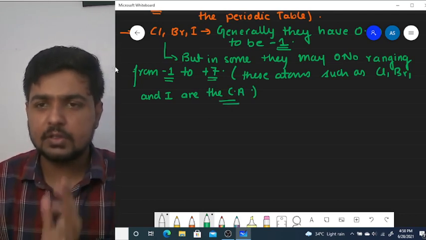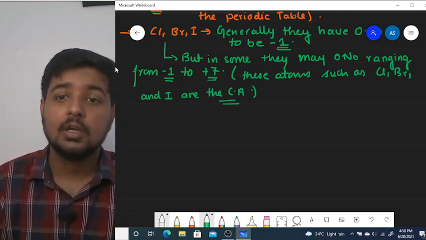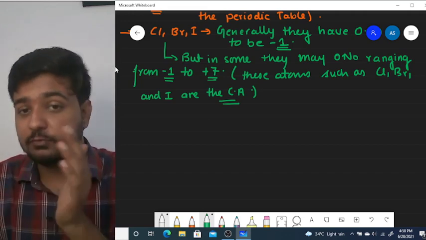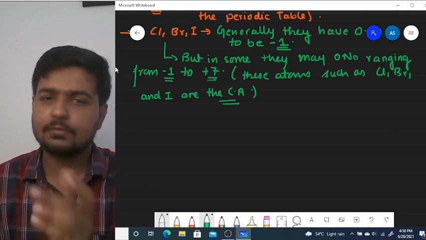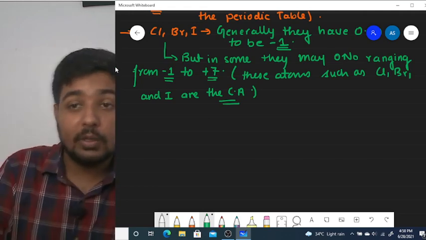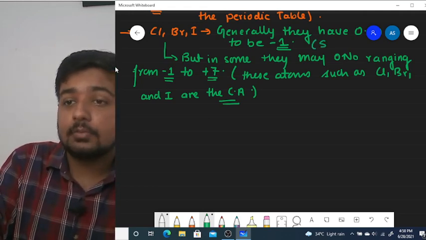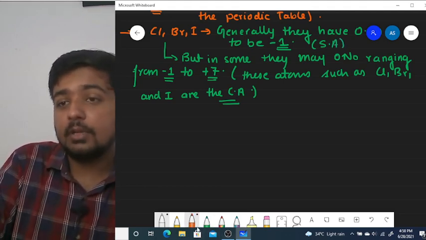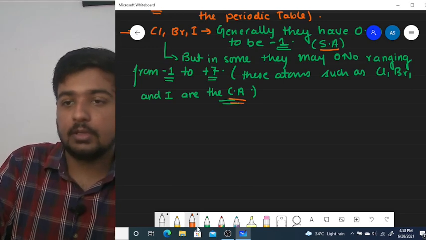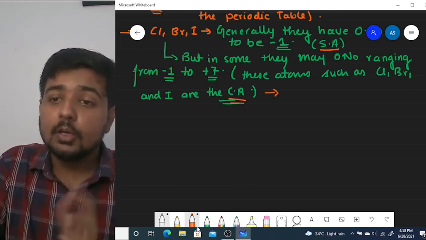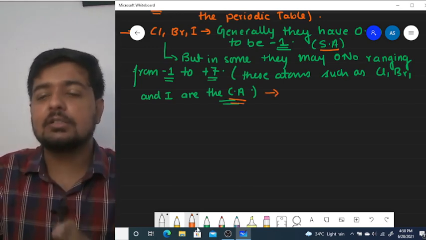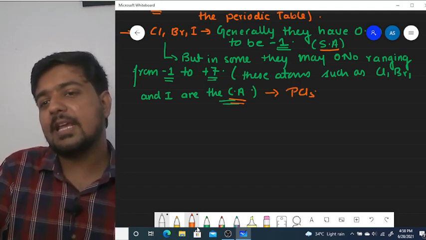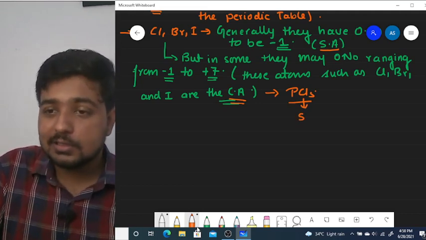If they are present as a central atom in a molecule, then their oxidation number may range on the positive side, that is +1, +3, +5 or +7. But when they are side atoms, then their oxidation state will be -1. Remember one thing. Now the question is how you will know where it is present as a central atom and where it is present as a side atom. For example, if I am talking about PCl5, here chlorine is a side atom.